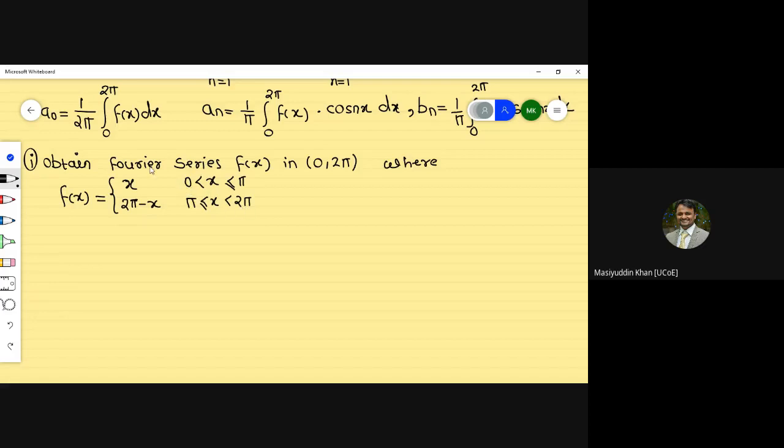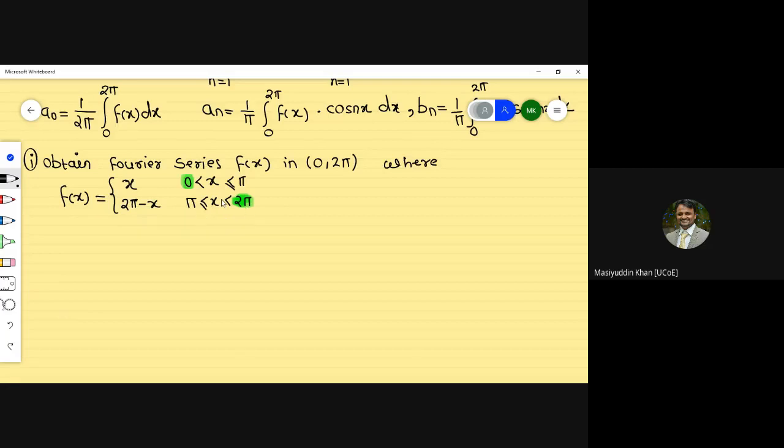It will be the same for both parts, but the function is divided into two parts. The first function is x, whose limit point is 0 to pi, and the second function is 2 pi minus x, whose limit point is pi to 2 pi.